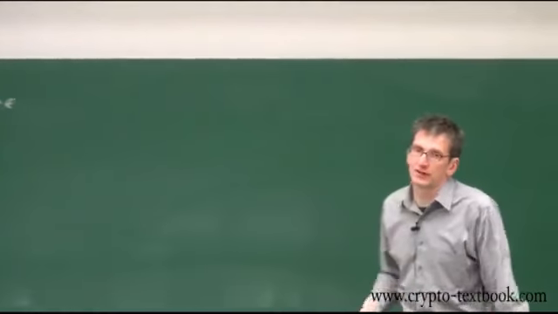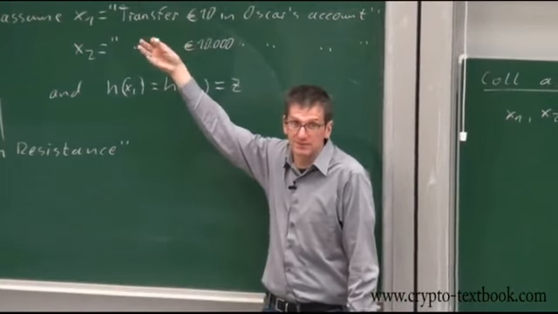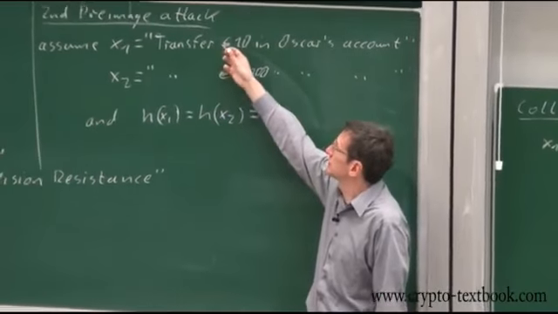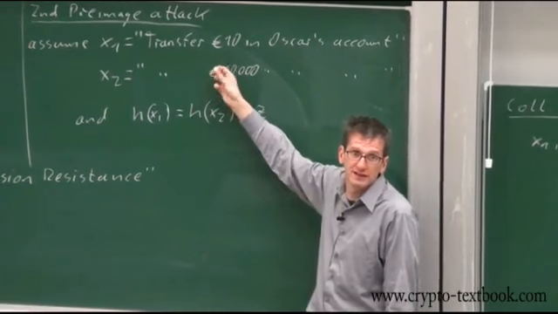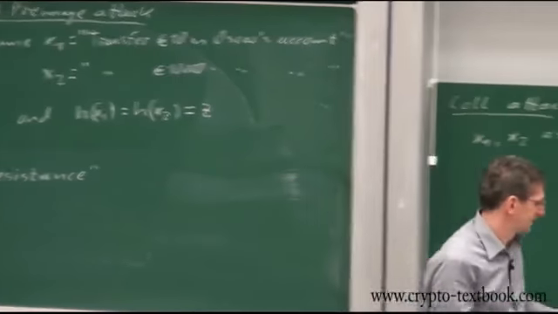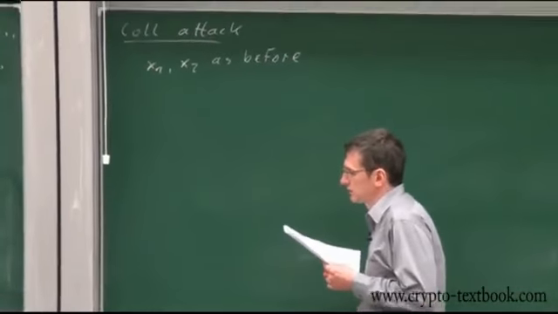Oscar is able to construct x1 and x2 as before. So there's one benign, a gutartige, x1, which says please transfer 10 euros into my account. And then there's the malicious one, the fake, the bösartige, which says, transfer 10,000 euros into my account. So let's look how we can map that into a protocol.